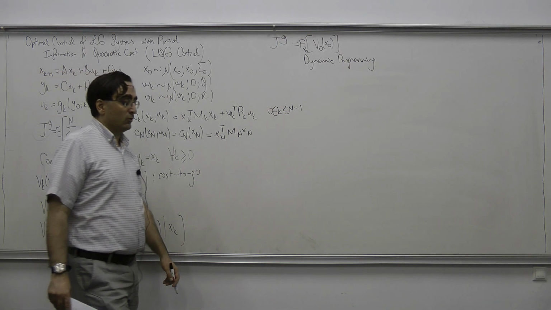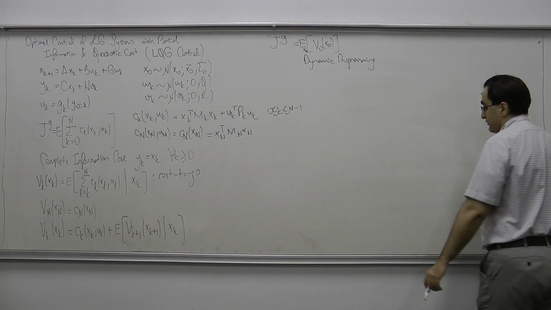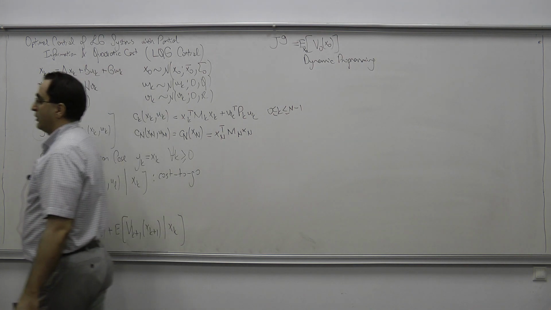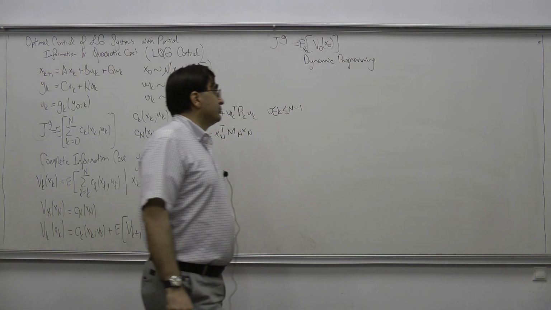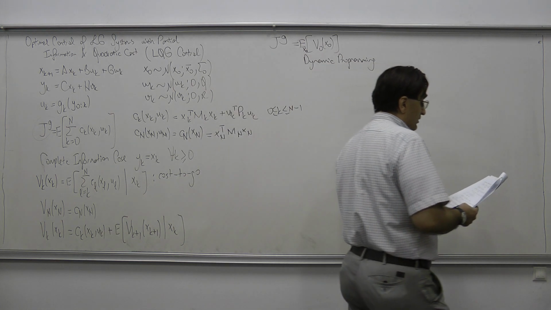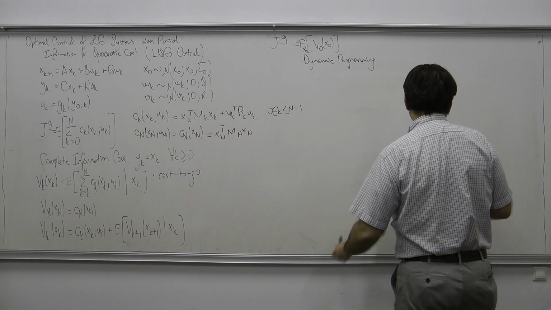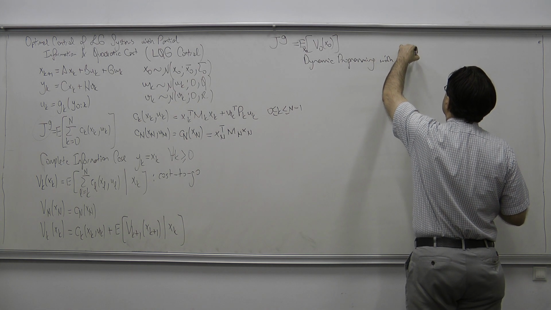The principle of optimality tells us that every part of an optimal policy should also be optimal. So there is a philosophical idea behind it, and in dynamic programming, that philosophical idea is shown by these V functions here. This is dynamic programming with perfect information.